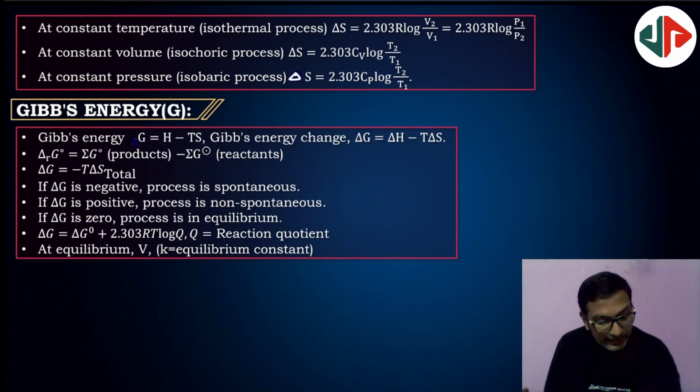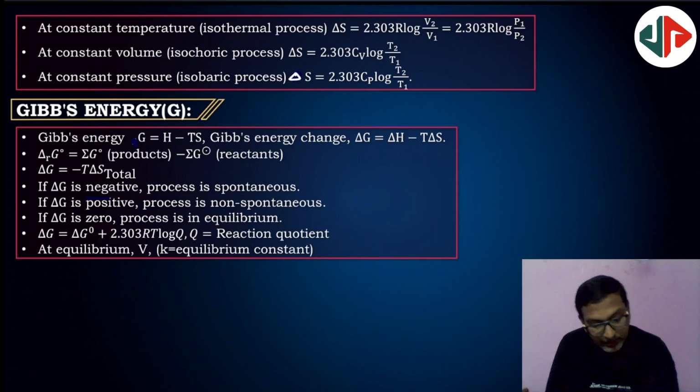So delta G equals minus T delta S total. If delta S total increases, that means positive, delta G becomes negative. This is for a spontaneous process. If delta G is negative, the process will be spontaneous, and positive means non-spontaneous, 0 at equilibrium.